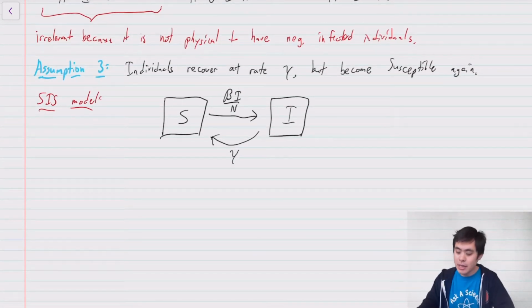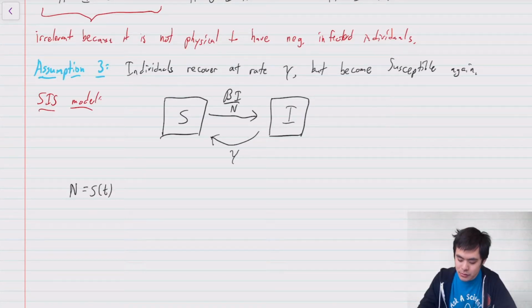So when we write this out, we're assuming constant population size, so n is equal to S of t plus I of t.